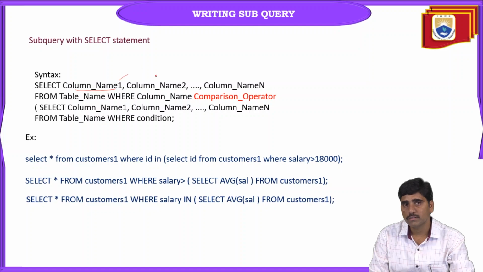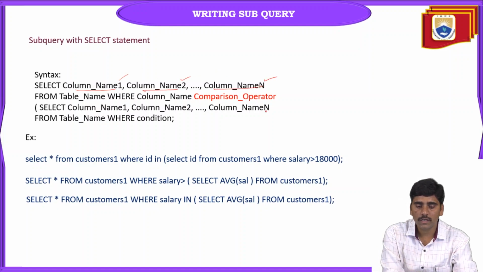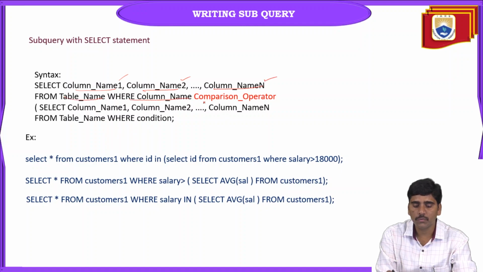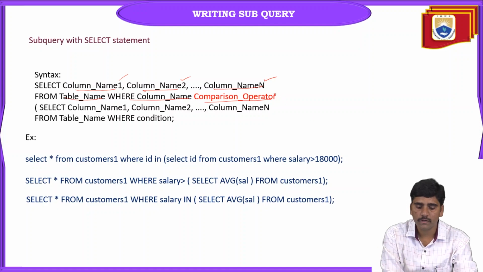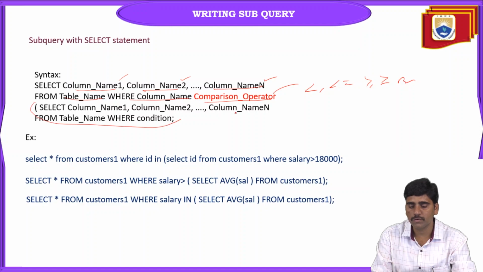Here we can see the syntax to write the subquery. Syntax: select column name 1, column name 2, up to column name n from table name where column name comparison operator. You can use any of the comparison operators: greater than, equals to, between, any operator.